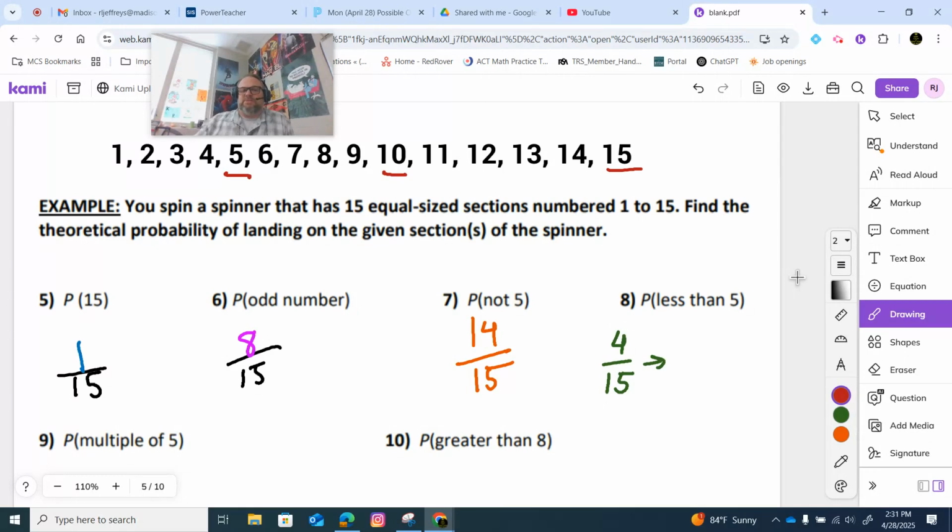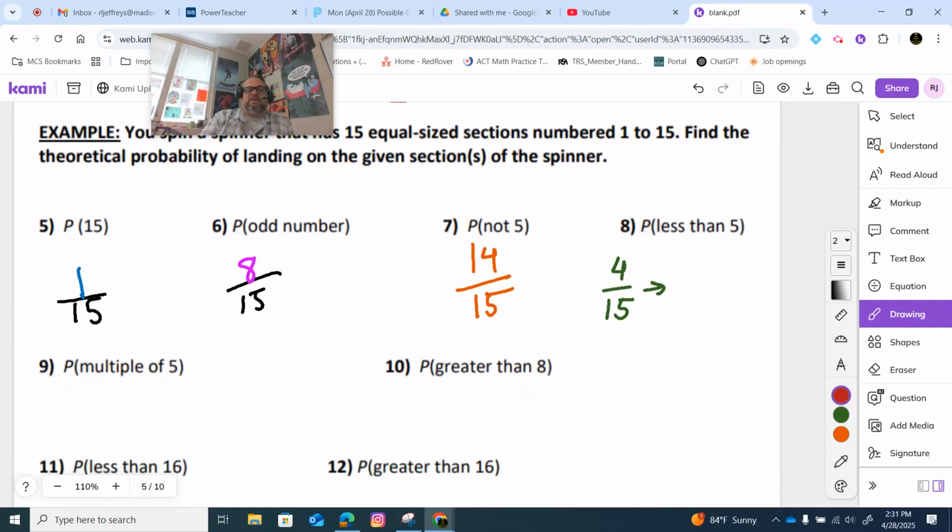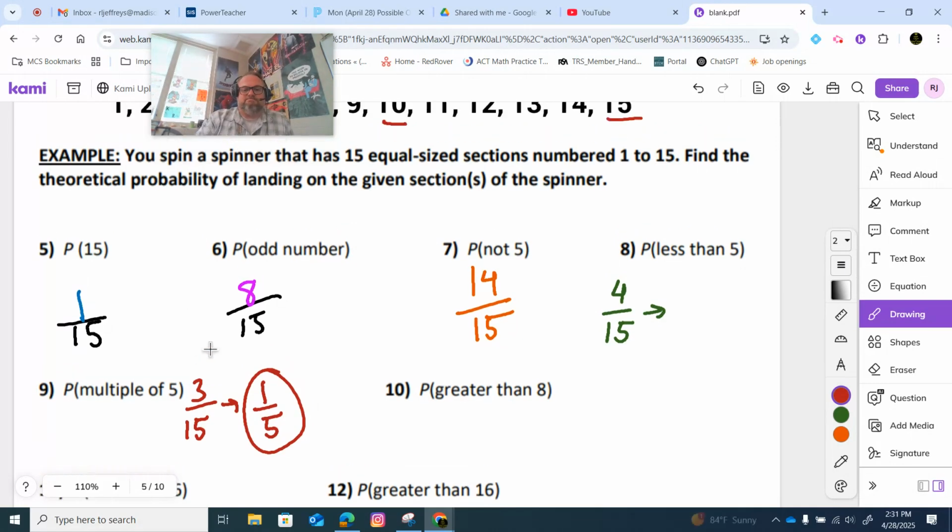Because 5 times 1 is 5. Not factors, these are multiples. This is what you get after you multiply. Okay, so this happens 3 out of 15 times, which does reduce. Yeah, it does reduce. See, it's. Mm-hmm.